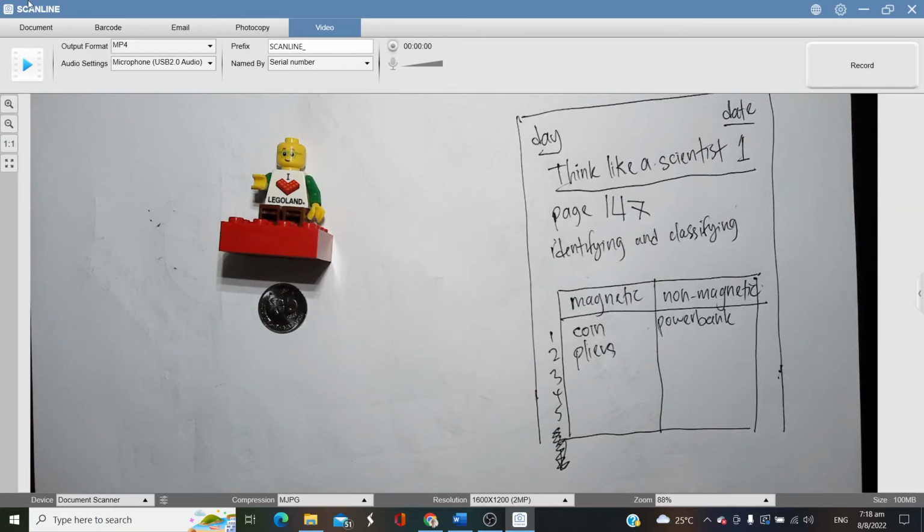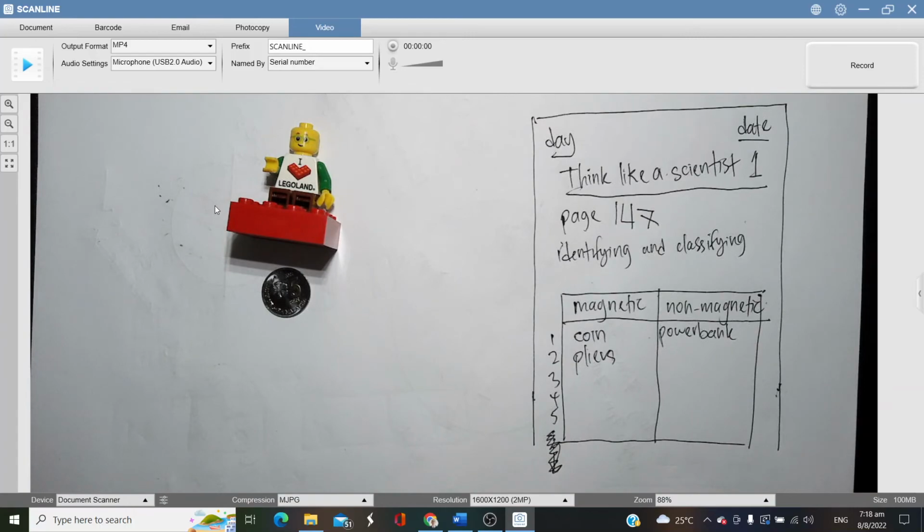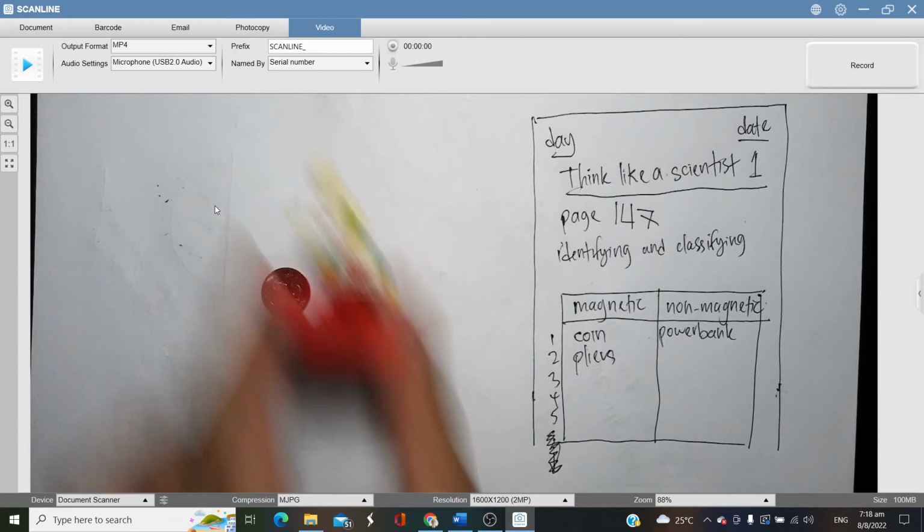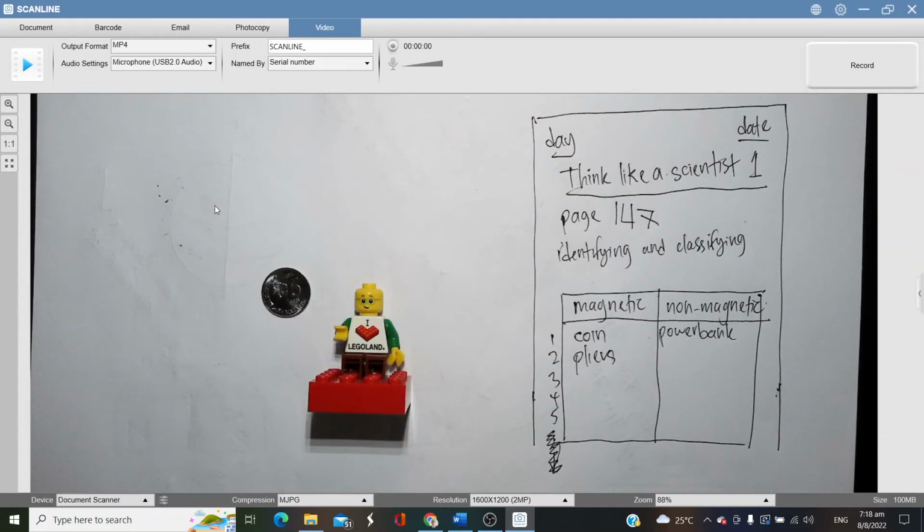Okay, now your task is to bring your exercise book back to your home and try 5 objects in your home. Anything.